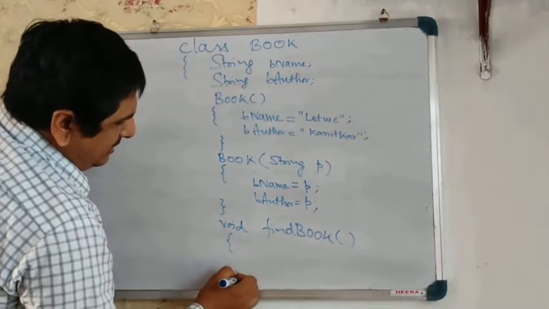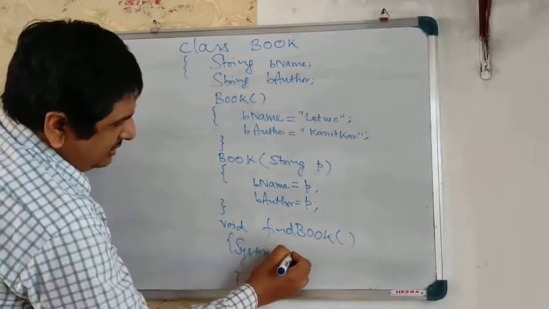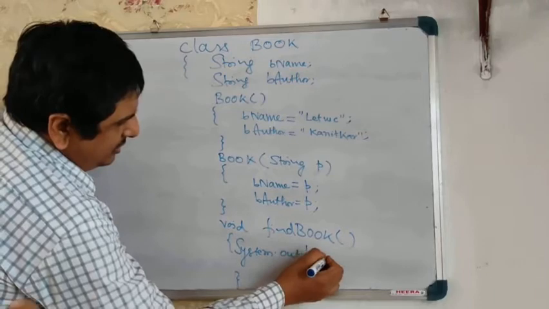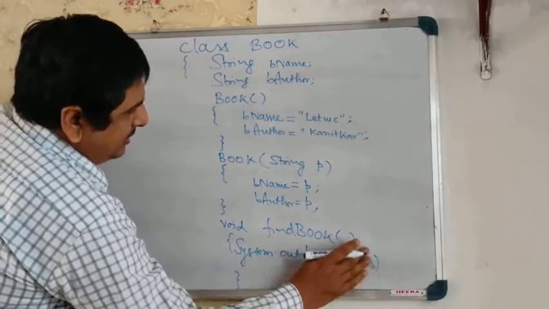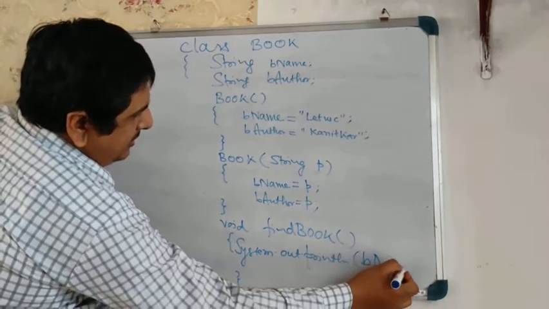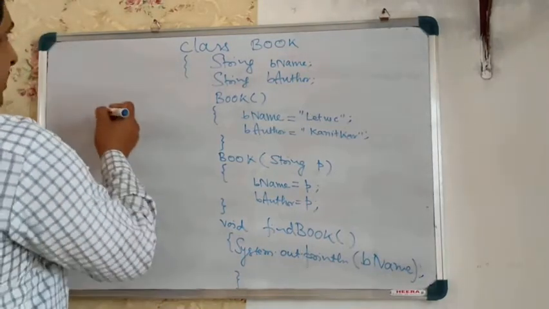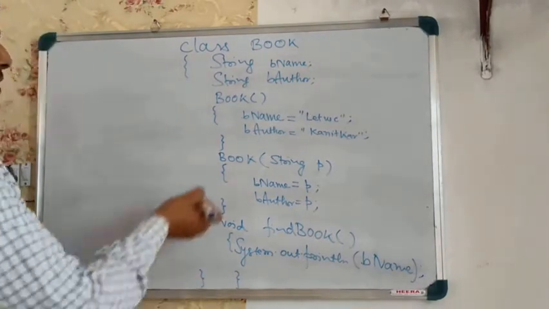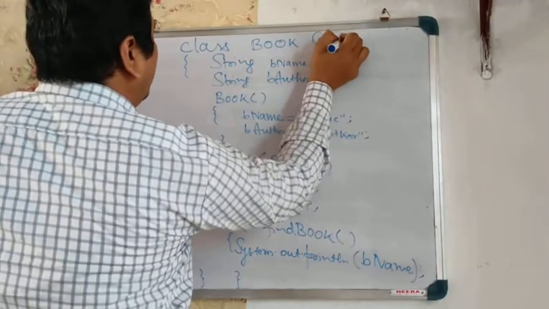Within that I have written System.out.println bname. Now see the beauty of this. So this is an example of constructor overloading.